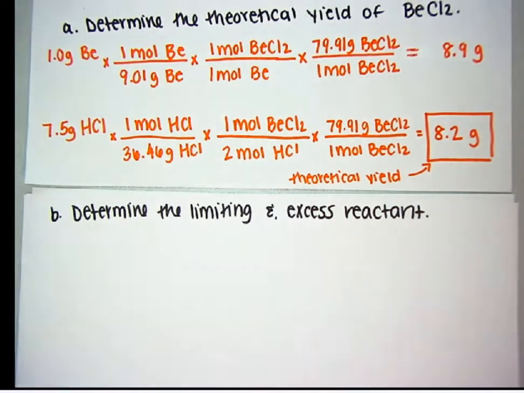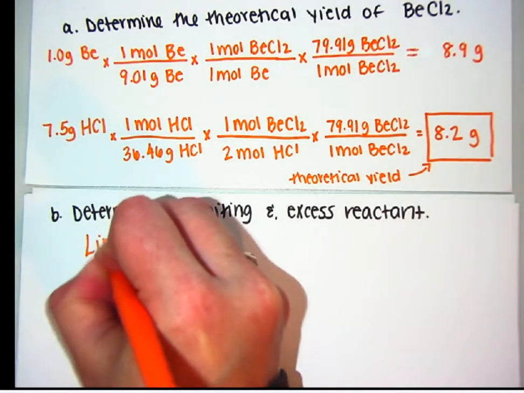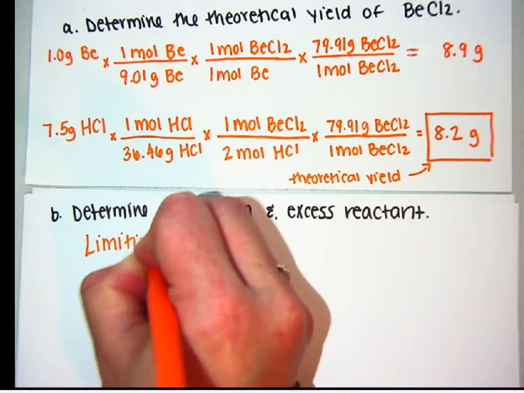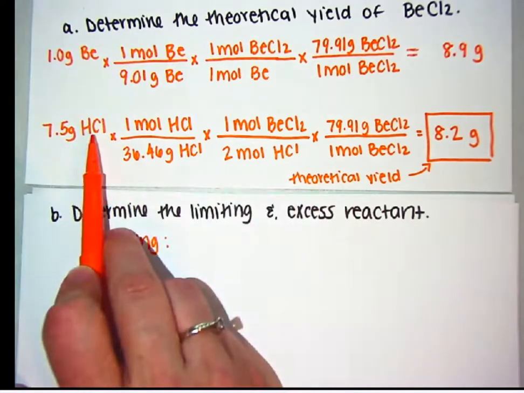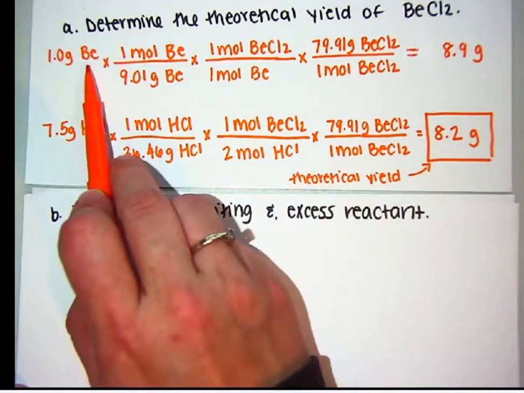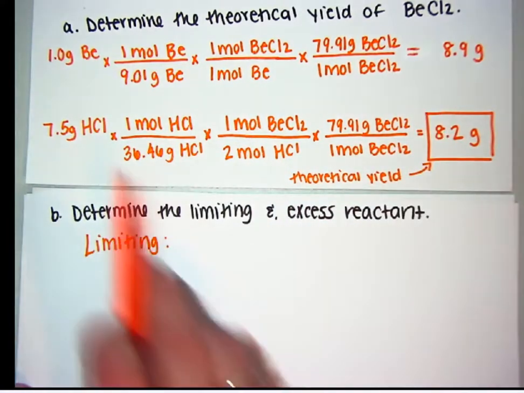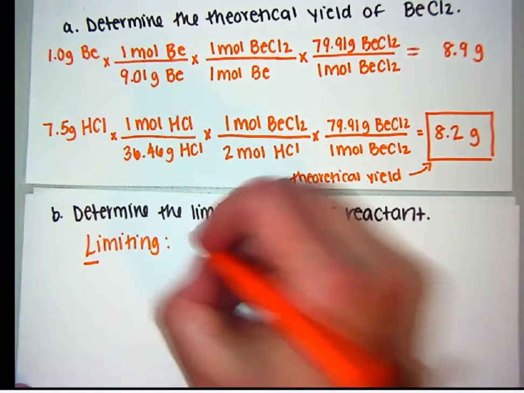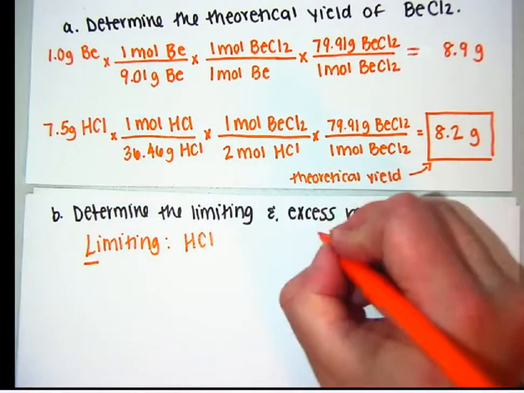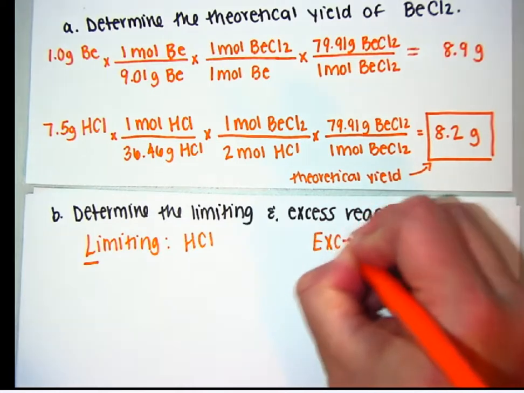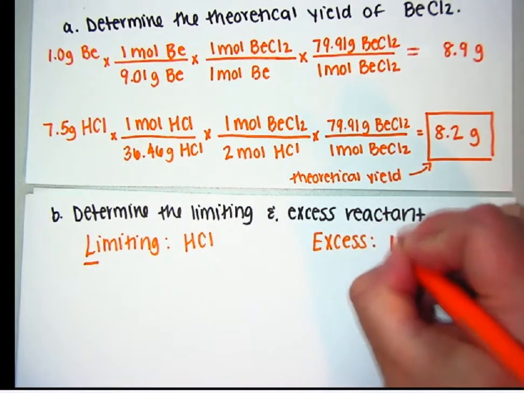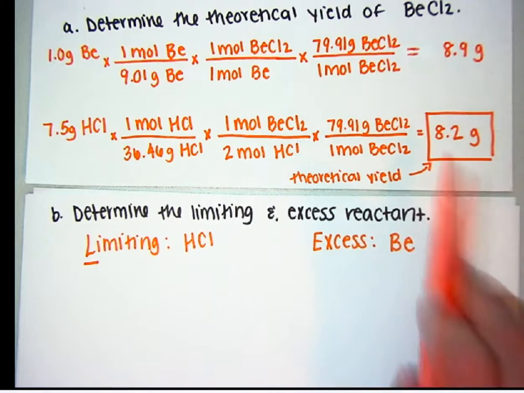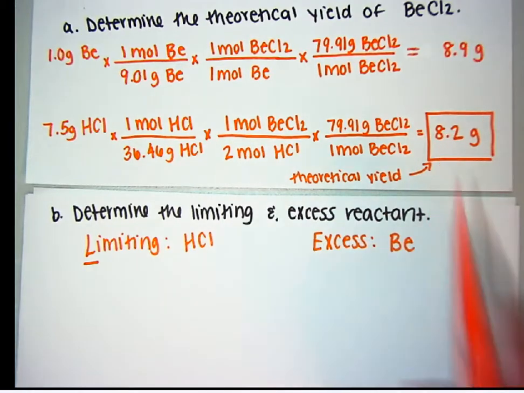So the limiting reactant makes less product. HCl made 8.2. Beryllium made 8.9 grams. HCl made less, so it's limiting. That means the excess reactant is beryllium. After we made 8.2 grams of product, we would still have some beryllium left over.